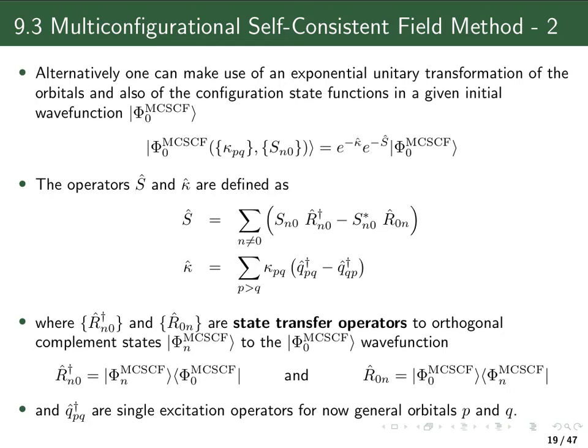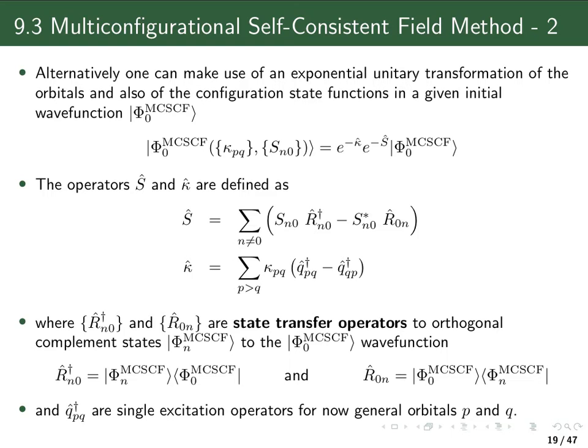And for this we have the unitary transformation with the S operator here, where the S operator is the sum over all what are called state transfer operators, which means that we transfer this state to some other linear combination of determinants. And the S and 0 here are the expansion coefficients.